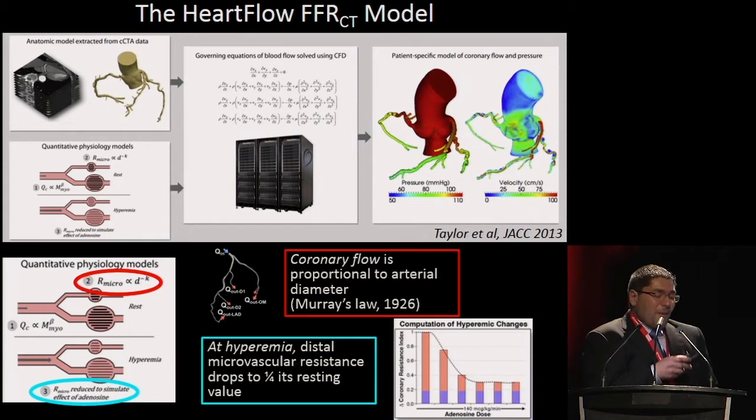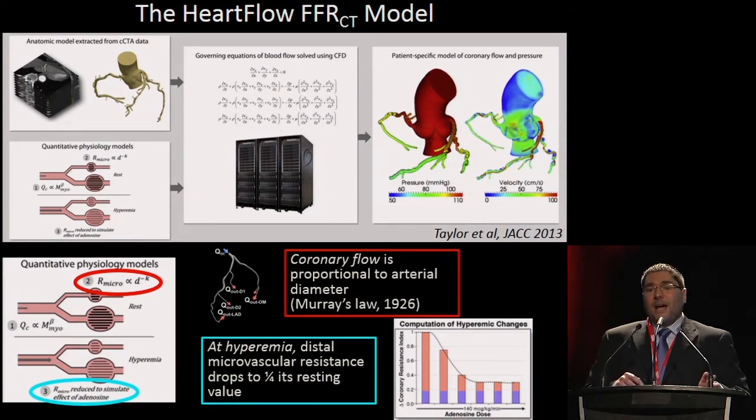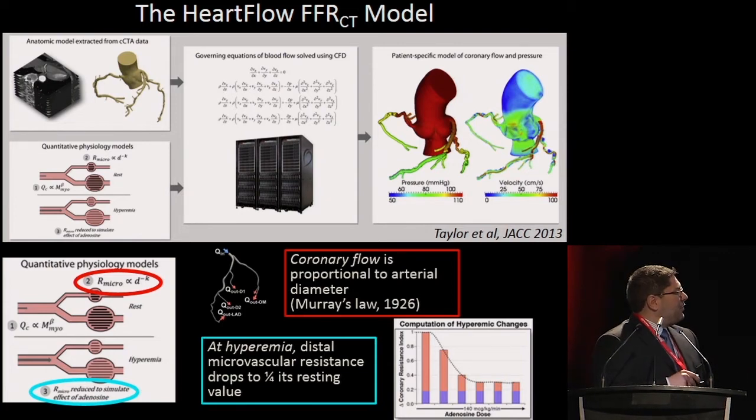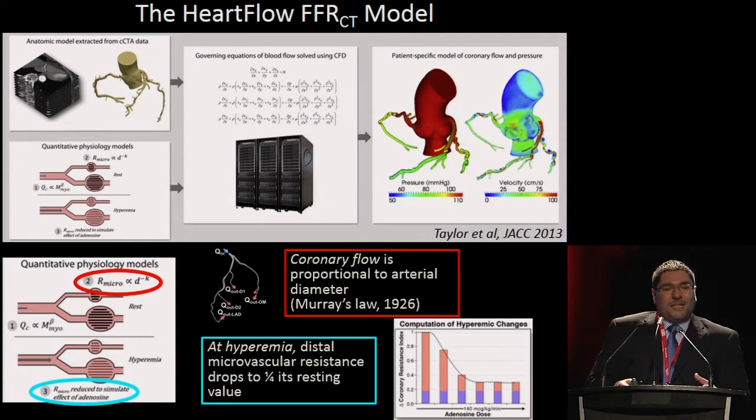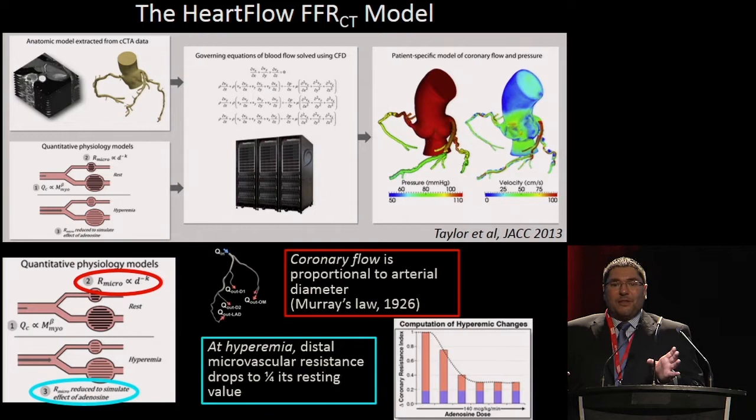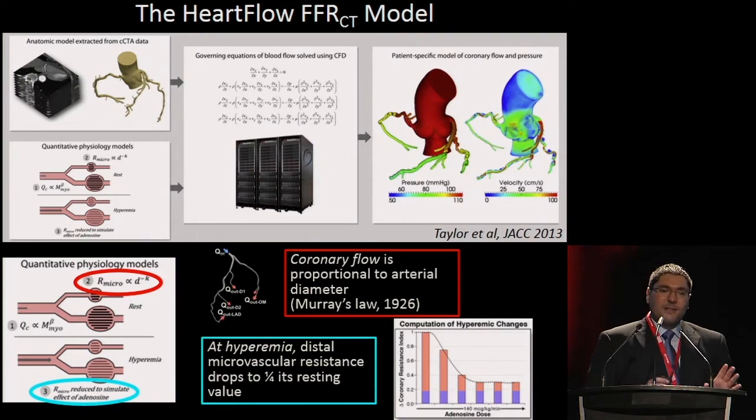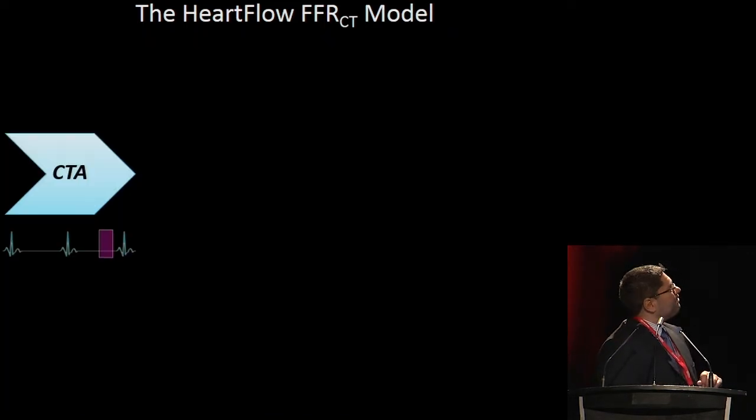Now, through some mathematics, it's pretty easy. Once you have those flows at rest, and Murray's law applies at rest, it's pretty easy to calculate what the distal myocardial resistance is, and therefore you can simulate stress just by telling the computer to turn it down to 1/4. So that's not very hard to do.